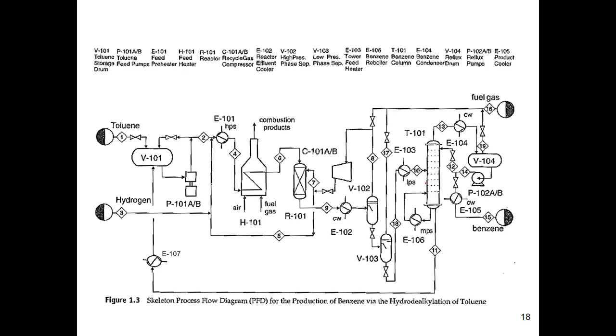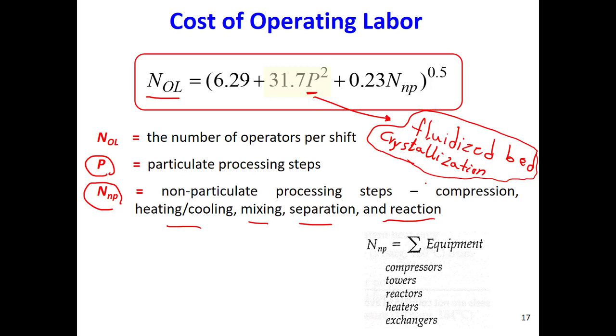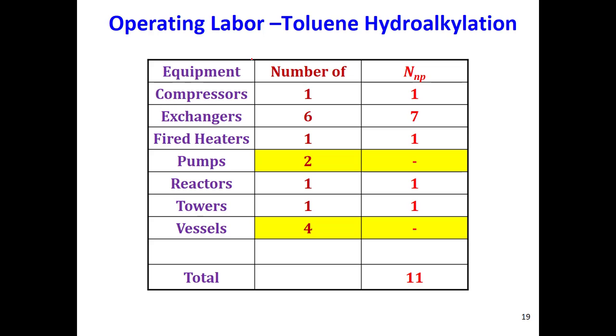You have to use this equation. You have to see how many particulate steps you have and how many non-particulate steps you have. So you have to prepare such a table.